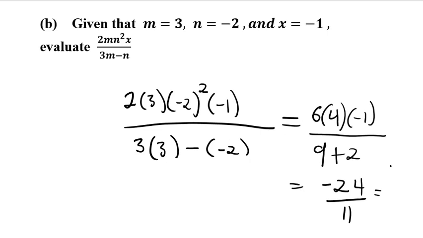So we are going to have -2 as the whole number, and 2 over 11. Please take note, if you want to change this to a mixed fraction, all you have to do is hold on to the negative sign and deal with the positive. When you are done, you bring the negative back. So when you hold on to the negative, this 11 goes into 24 2 times, remainder 2. So we have -2 whole number, 2 over 11.